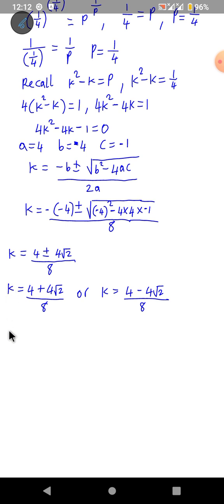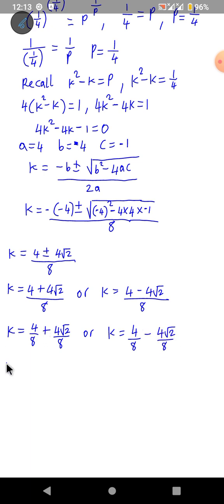Write k. This expression here can be written as 4 over 8 plus 4 root 2 all over 8, or k equal to 4 over 8 minus 4 root 2 all over 8.